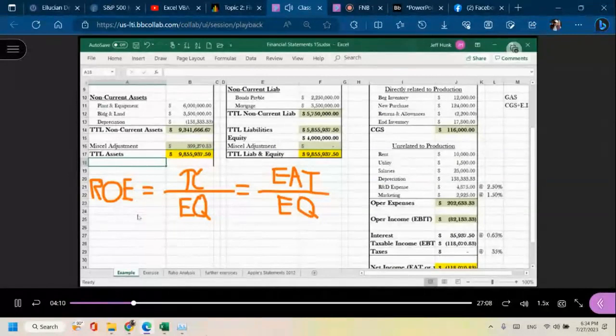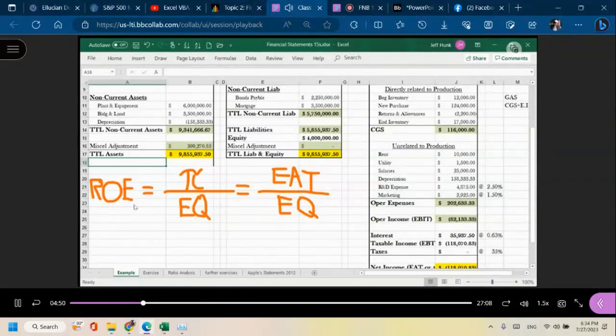ROE, return on equity, is measured as of when? It can be measured at the end of the year, isn't it right? Because if we are at time 0, which is the beginning of this year as well as the end of last year, and then ROE at time 1, when do we measure profit?